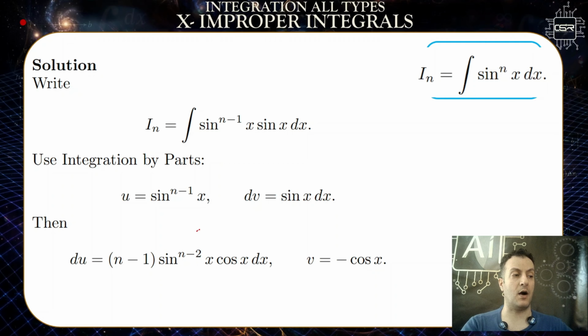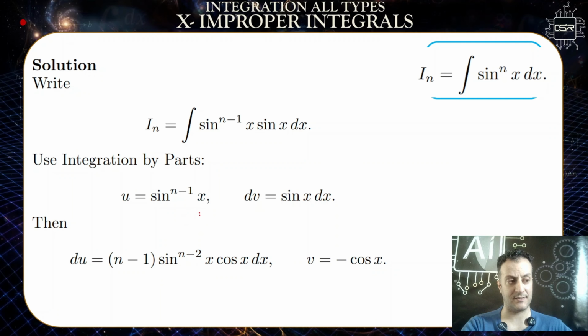So du becomes n minus 1 sin to the power of n minus 2 x times cosine x dx, and v is equal to minus cosine x.